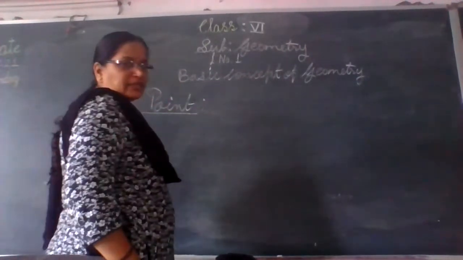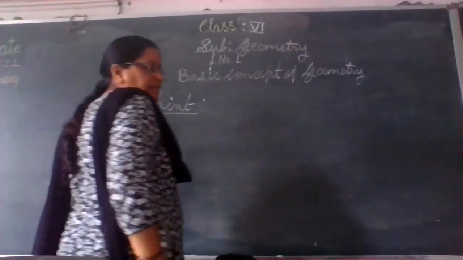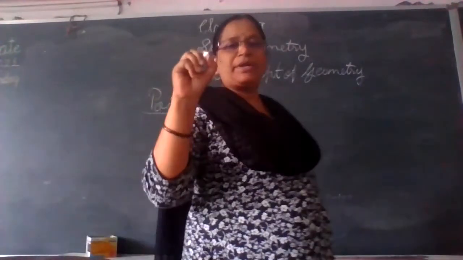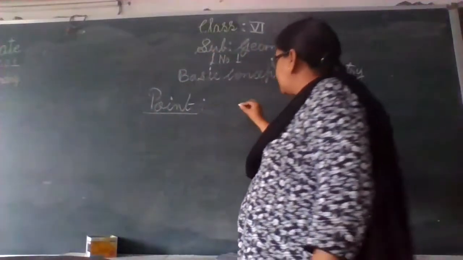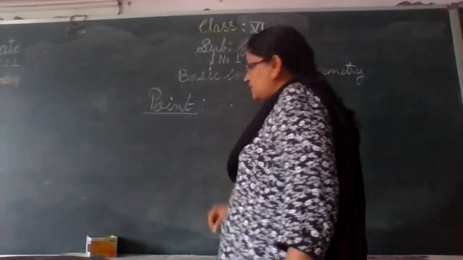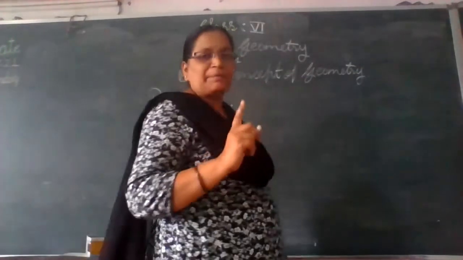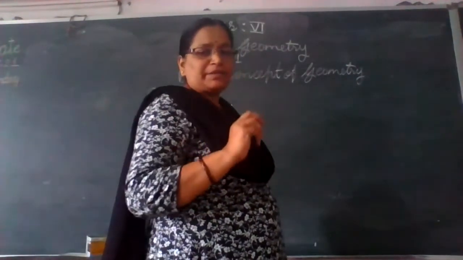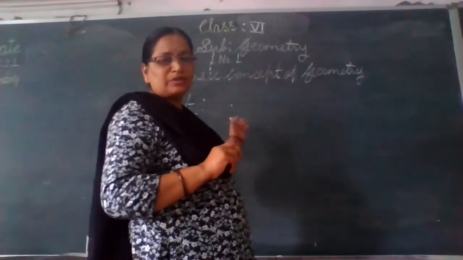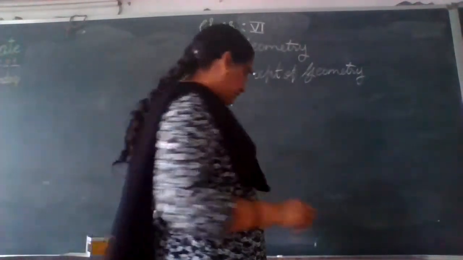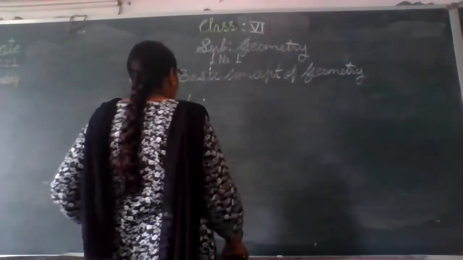So point is a dot made by the sharp tip of the pen or a pencil. So it is a dot and we will name it by a capital letter. Any capital letter. You can use any capital letter to name it from A to Z. So how will you define it?